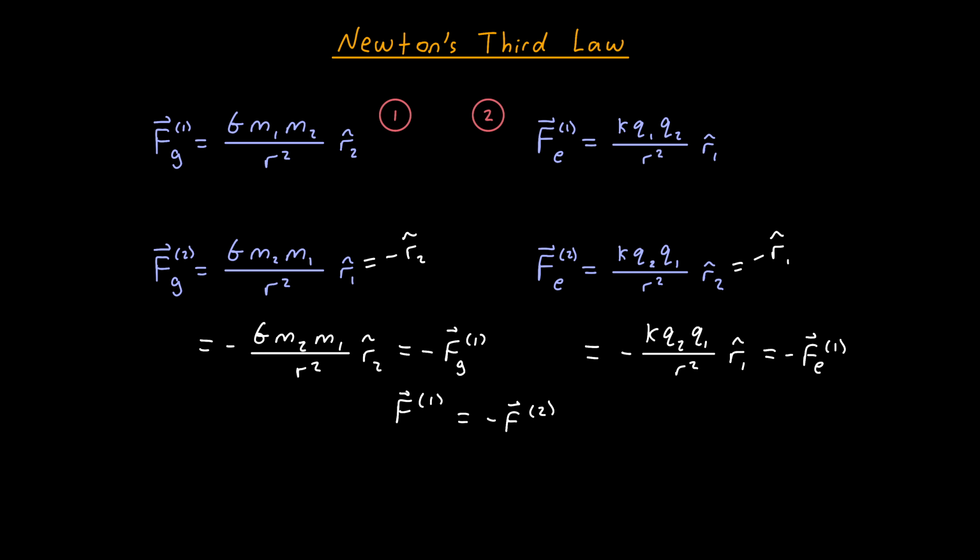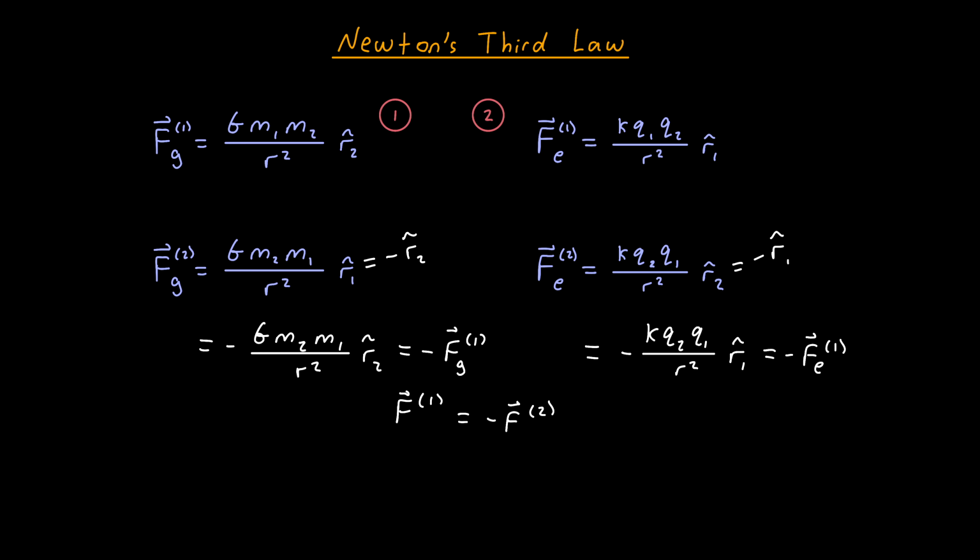And perhaps the reason that you don't notice that in everyday life is because your acceleration under that amount of force is relatively high because your mass is relatively low, whereas the Earth's acceleration up toward you is low because the Earth's mass is very high. But the two forces of attraction between you and the Earth are still equal in magnitude.